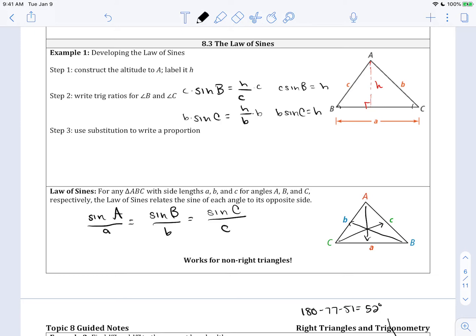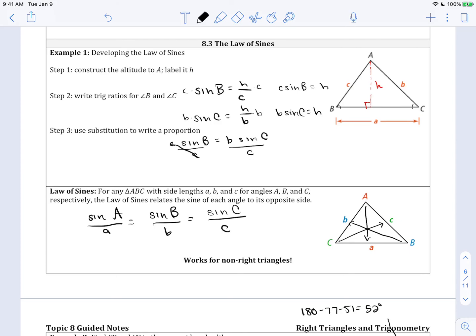Use substitution to write a proportion. Well, if both equations equal the same thing, and they do in this case because they both equal h, I can set them equal to each other. So c sine B equals b sine C. I want to get them in proportion form, so I'm going to divide both sides by c.